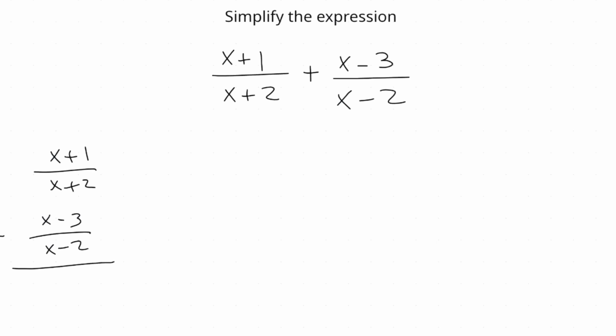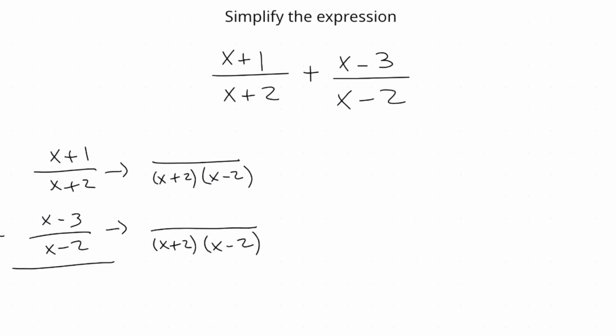For them to have a common denominator, the denominator has to be x plus 2 times x minus 2, the same in the top and the bottom. If you can make it the same, then you can add these. So for this one to have this denominator, we have to multiply the top by x plus 2. And this one, you have to multiply by x minus 2.